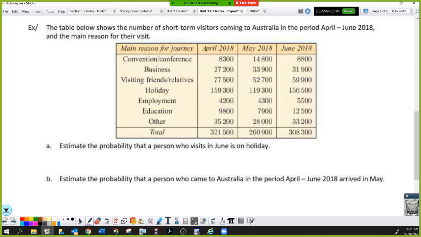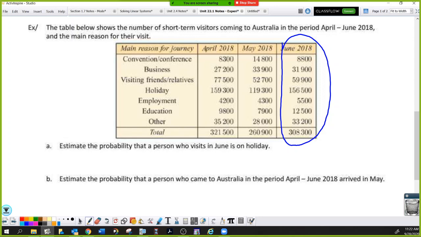Estimate the probability that a person who visits in June is on their holiday. So where should I be looking? You need to be looking at the June column. And so we're trying to figure out the probability that a person who visits in June was on their holiday. So now you look at the number of people that were on their holiday out of the number of people that were there for June.